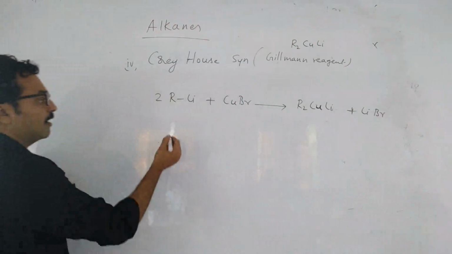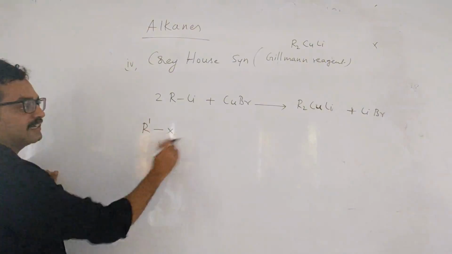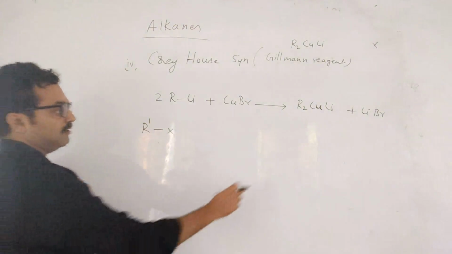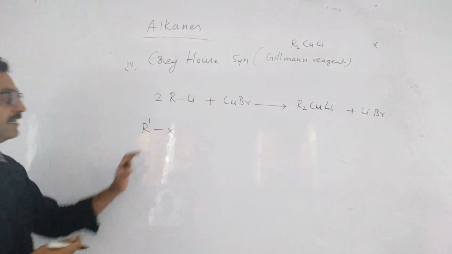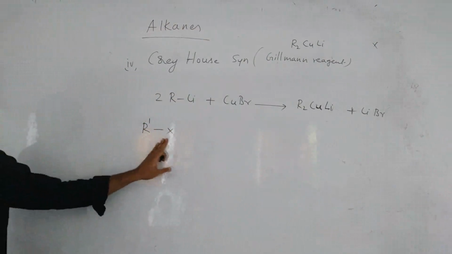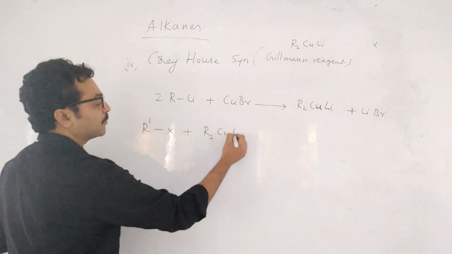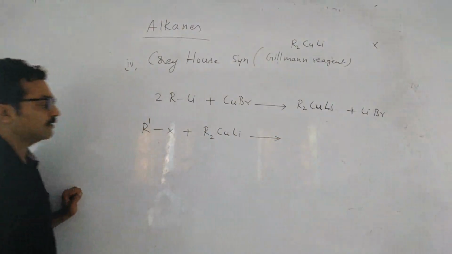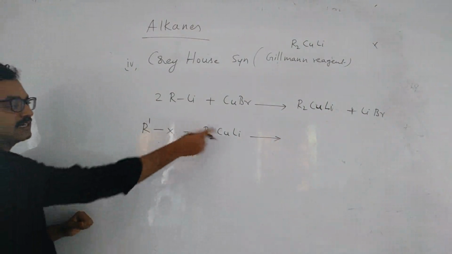Now see, children, our alkyl halide R dash X I am taking for reference. Preparation is not that important, but the reaction is very important. Alkyl halide plus dialkyl lithium cuprate, then this R dash and this R2, R2 means 2R, children, here.